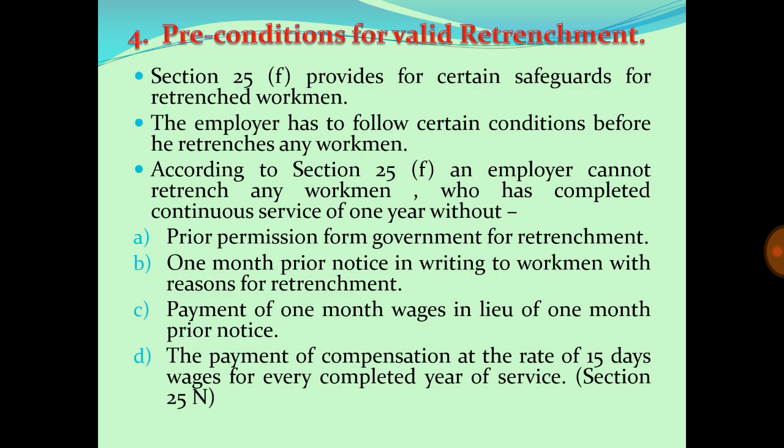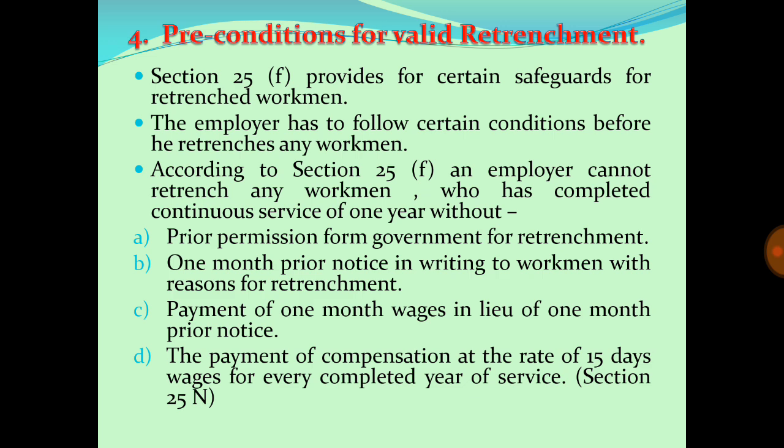When any workman is going to be retrenched, his employer must obtain prior permission from the government. Secondly, he must give written notice to the workman, and this notice must be given 1 month prior to retrenchment, with the reasons for retrenchment. Third, he must pay 1 month's wages in case of no 1 month prior notice. The second and third conditions are alternatives to each other.